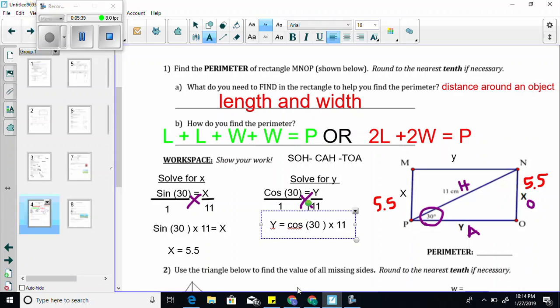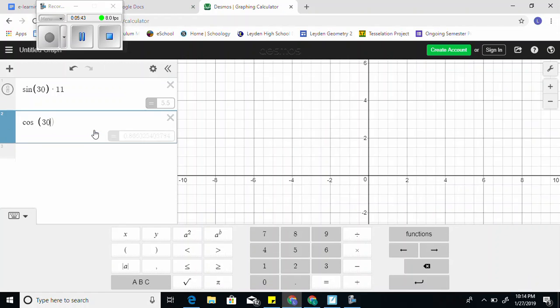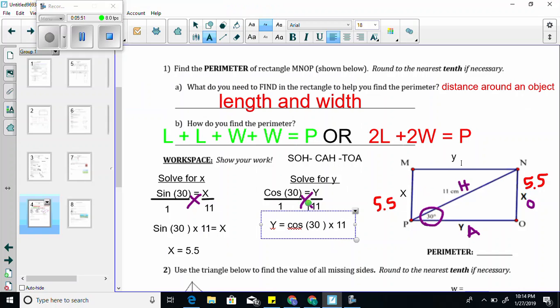I'm going to do the same thing, come back to decimals, type that in. Cosine of 30 times 11 equals 9.5. So I know that y equals 9.5.